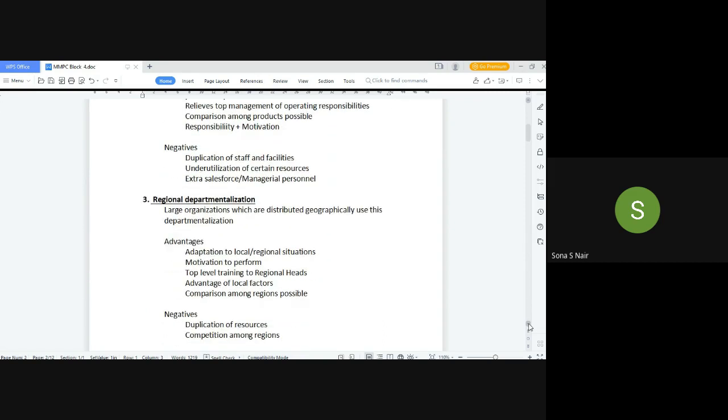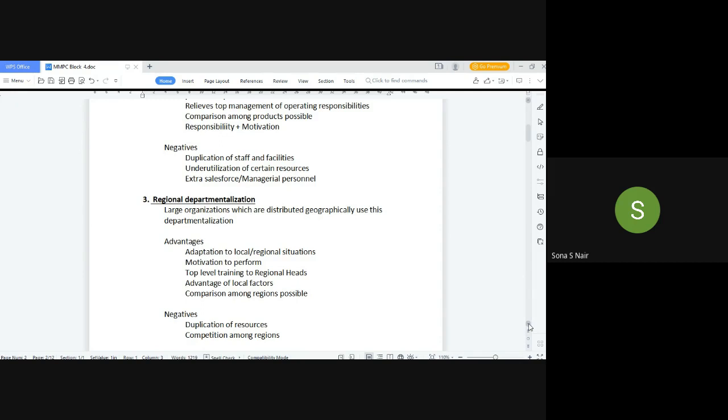Third is regional departmentalization, wherein if the organization is geographically distributed, they would have to open their different regional offices to take care of those particular regions. Again, what are the advantages here? If regional offices are created to take care of business in specific regional areas, then certain advantages are there.